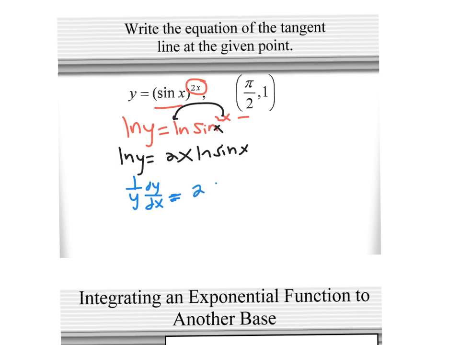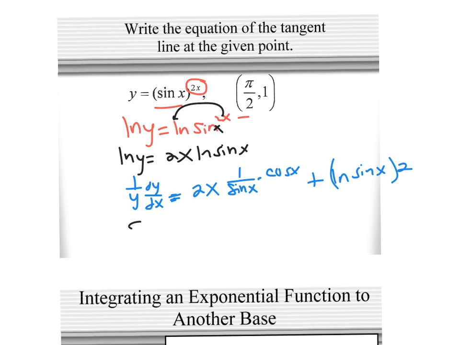So first times the derivative of the second. Don't forget to multiply by the derivative of sine, which is cosine, plus the second times the derivative of the first. Okay, make sure you put parentheses around things like that if you get confused.